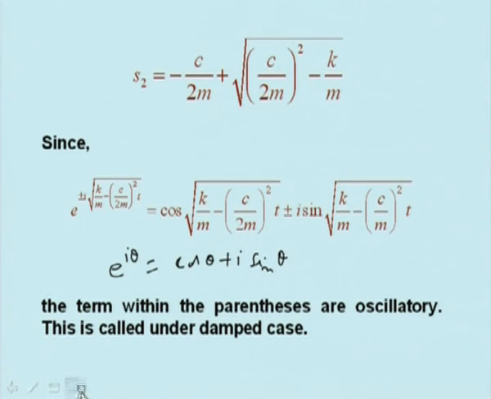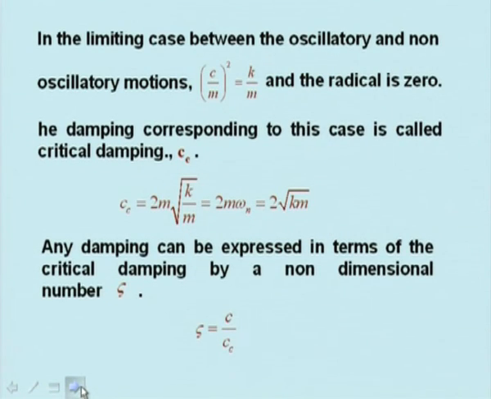Now in the limiting case between the oscillatory and non-oscillatory motions, we have (c by 2m) square equal to k by m, and the radical is 0. The damping corresponding to this case is called critical damping, Cc.